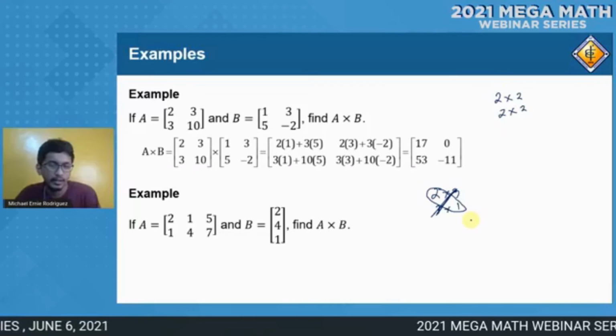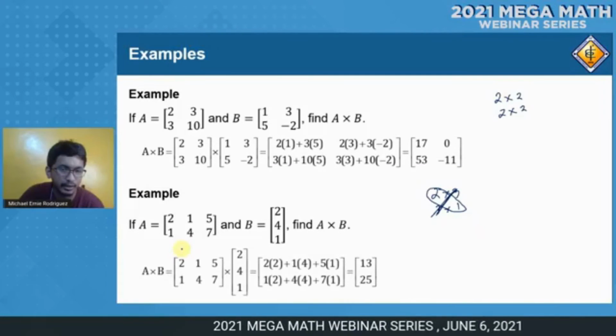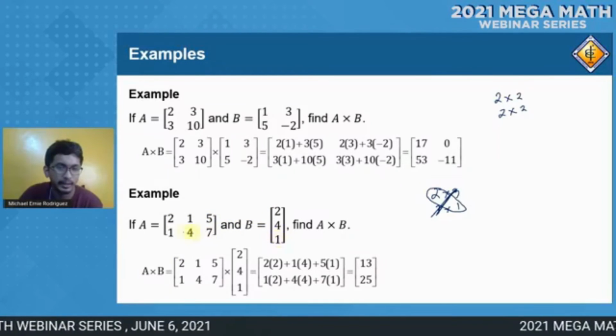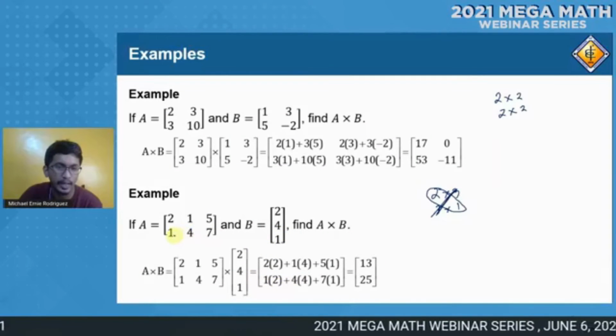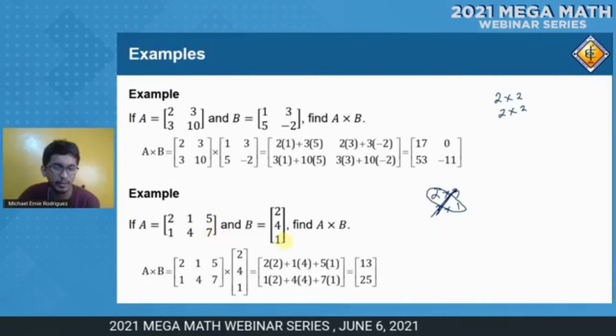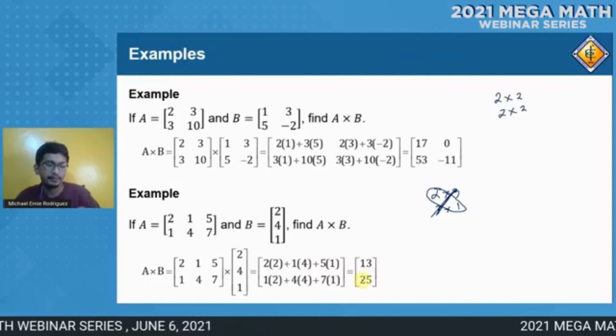Okay? So paano to? So we have this one. So 2 times 2 plus 1 times 4 plus 5 times 1. And then sa sunod na element, so we have 1 times 2 plus 4 times 4 plus 7 times 1. And then add natin, so we have 13 and 25.